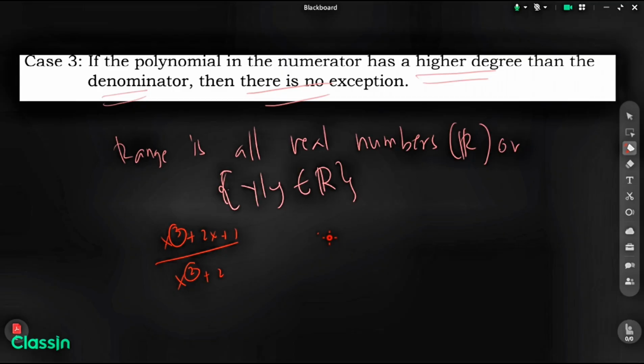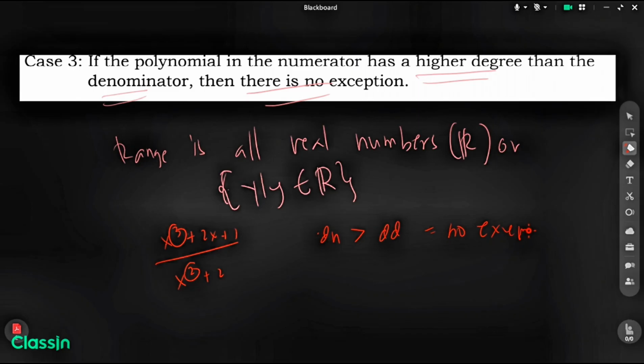Therefore, the degree of numerator is greater than the degree of denominator. So meaning, there is no exception.